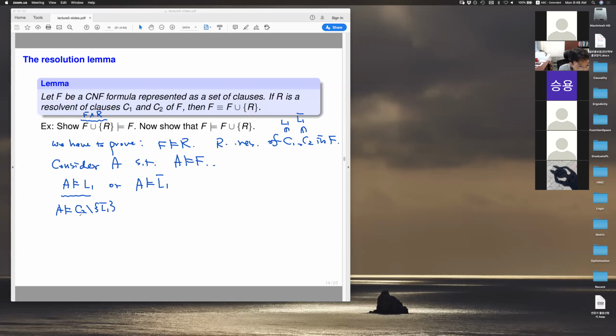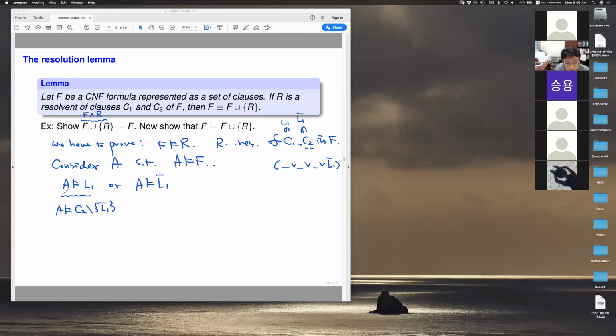Why is that? Because C2 is a clause in F, and all the clauses in F should be true under A, because of this assumption. A satisfies everything in F. In particular, A satisfies C1, and also A satisfies C2. But we know that A doesn't satisfy L1 bar. So this is C2. If I expand C2, it has a bunch of disjuncts, and one of them will be L1 bar.